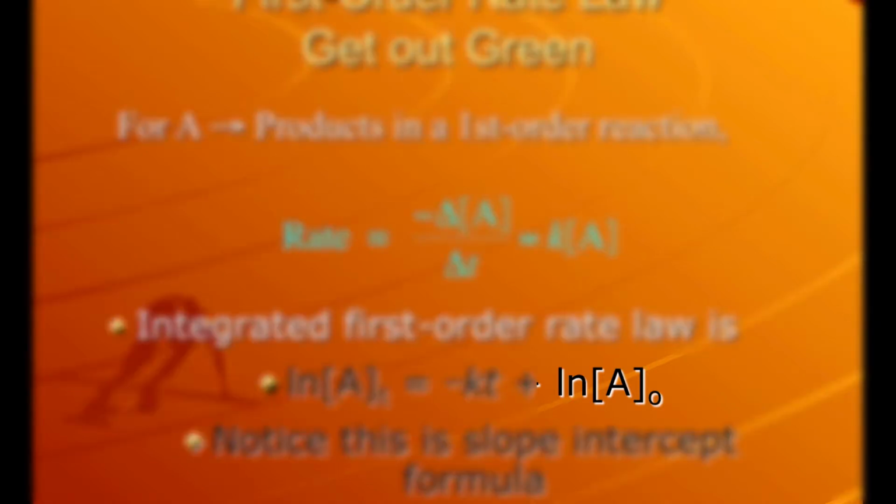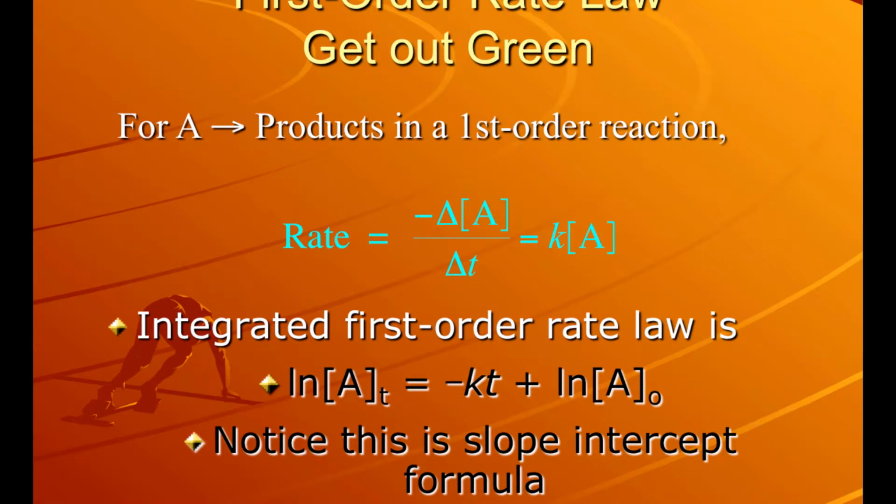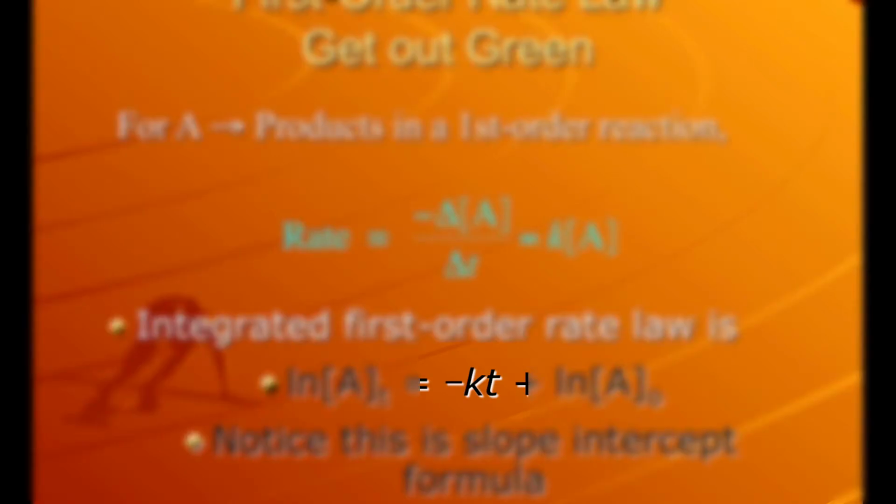That's the natural log of the concentration of that reactant at time 0, in other words, the initial concentration. What would my x-axis be? That would be the t part, time. And how would I know what the rate constant is from the rate law? It's the slope of the line. So the slope of the line should be negative k.